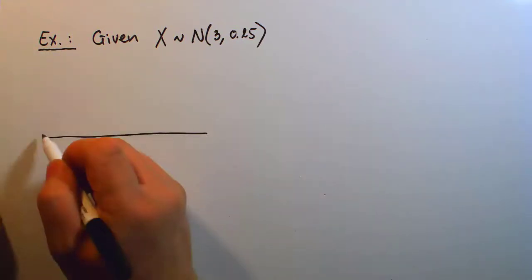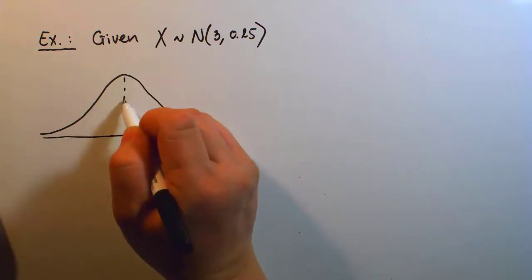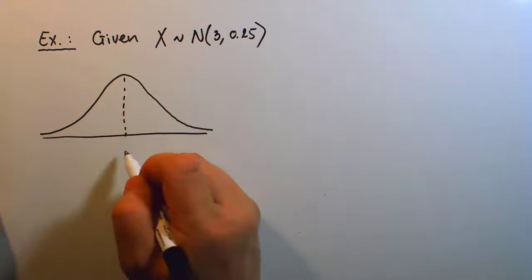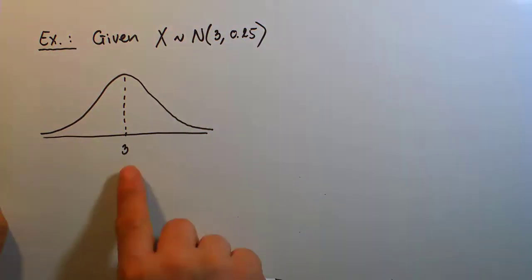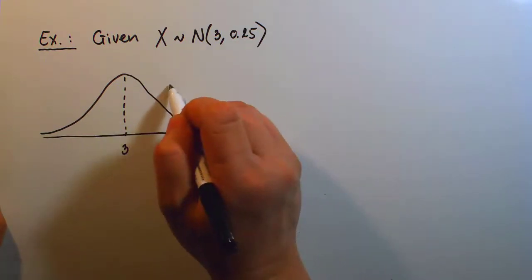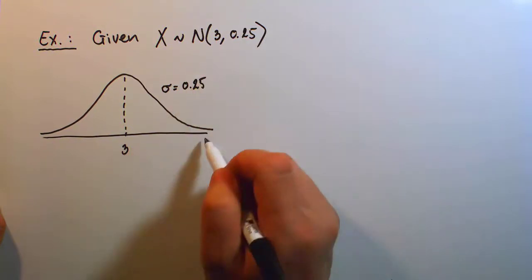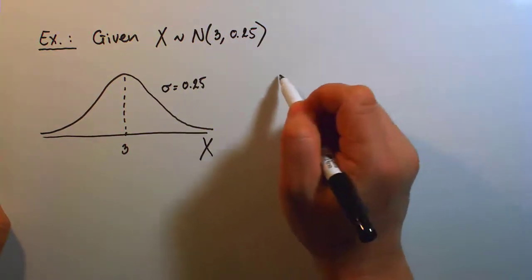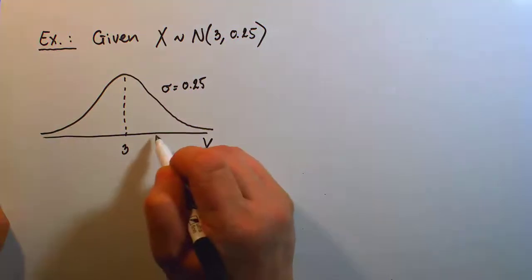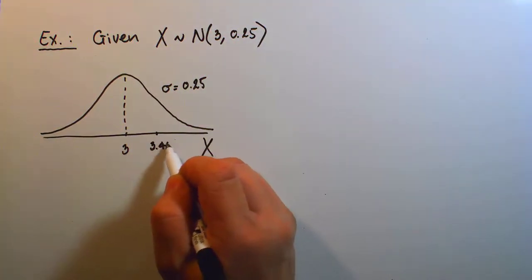So once again, I highly recommend drawing the bell curve anytime we're working with a normal distribution. This time my line at the middle is 3, and the population standard deviation sigma is 0.25, and the random variable x is labeled on my horizontal axis here. And let's say now I'm going to look at a value being 3.45.